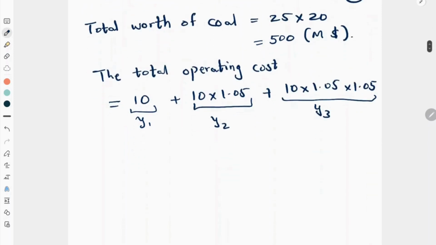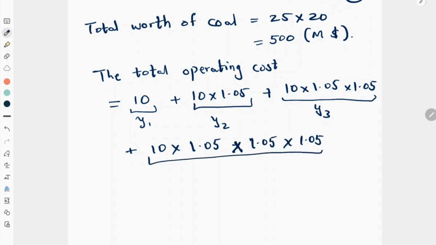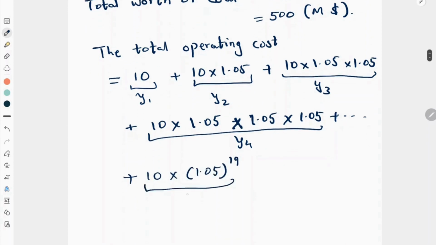So this is year 3. I'm going to write one more term, plus 10 times 1.05 times 1.05 times 1.05, this is the fourth year, and so on, all the way to the final term, 10 times 1.05 to the power 19. This is in the year 20.